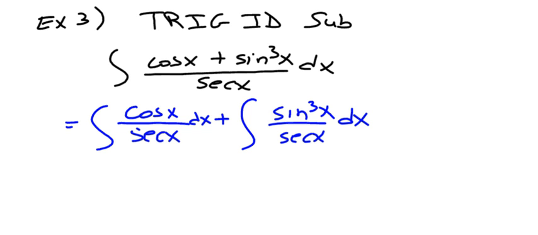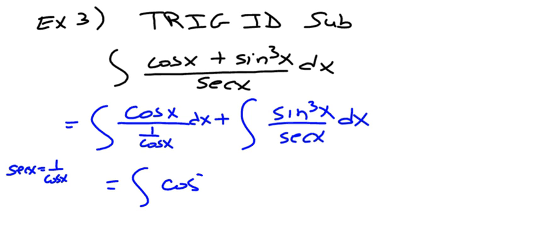From here, I'm looking at the secant, and maybe I can replace it with an identity. Remember, secant is equal to 1 over cosine. So I'm going to replace that, and then I can simplify this first integral into cosine squared of x dx.